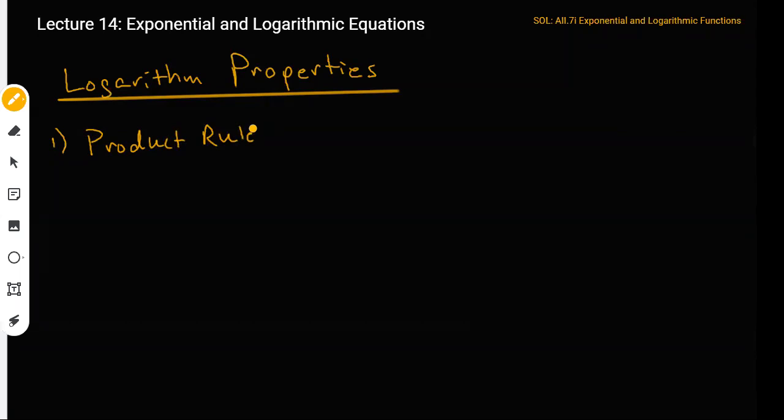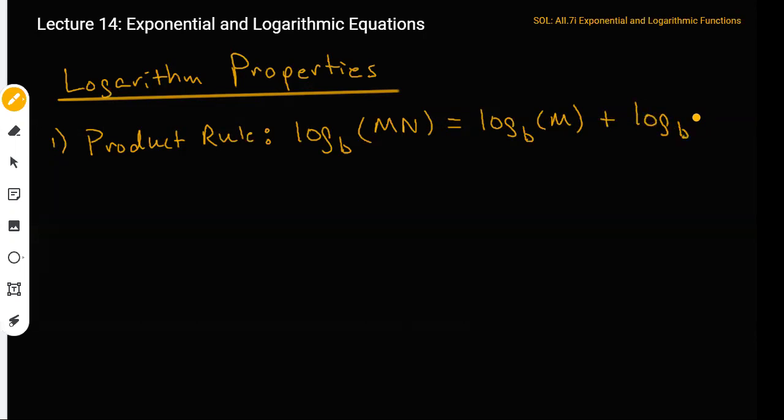The product rule states that if you have a logarithm of some base, let's just call it b, and you have the product of m times n on the inside, you can break up that product into a sum. And a sum is when you add, right? So you're going to have the expression broken up into log base b of m plus log base b of n. So that's the first property, the product rule.